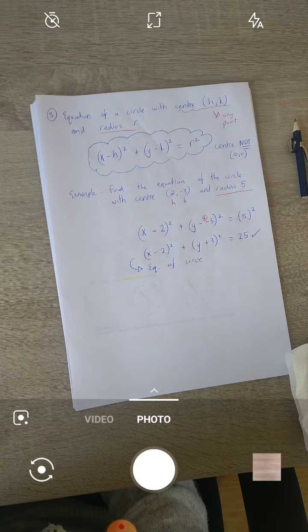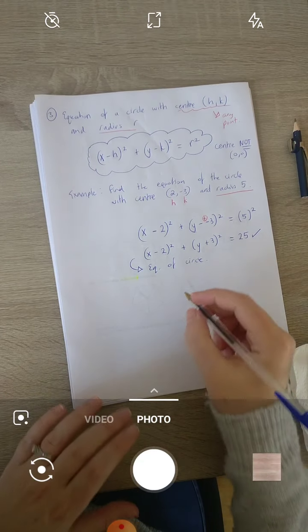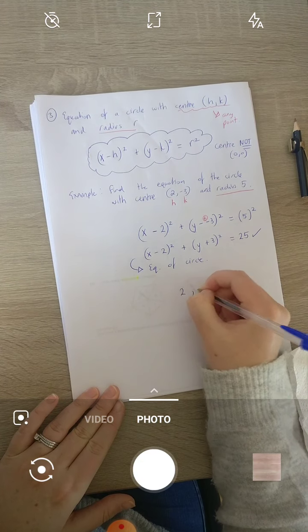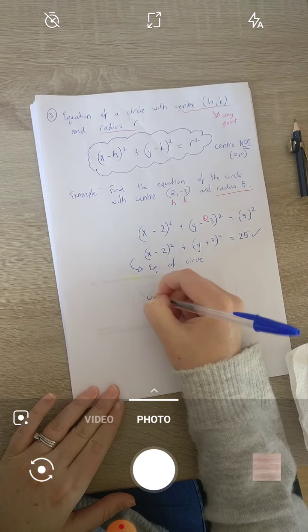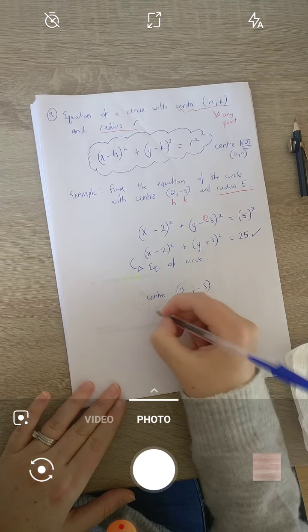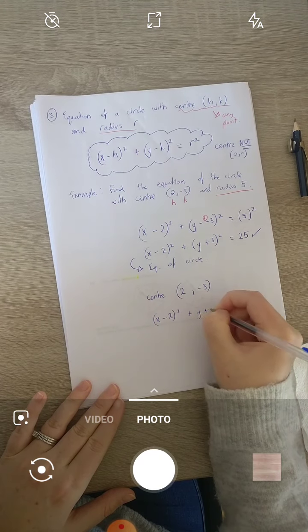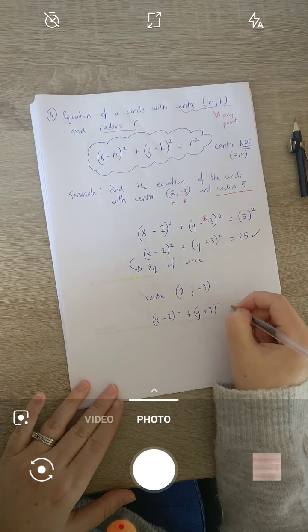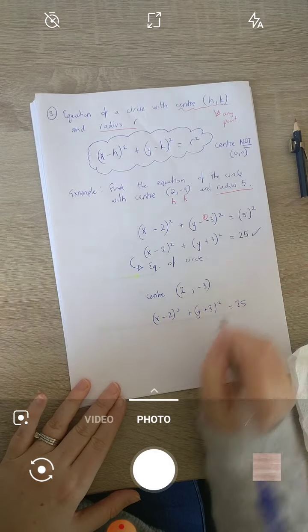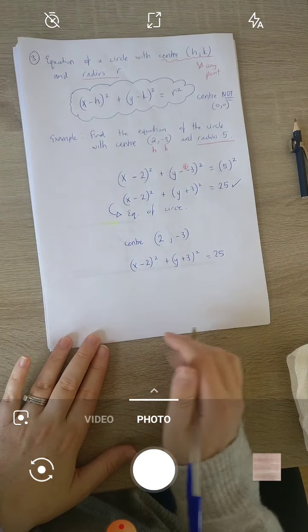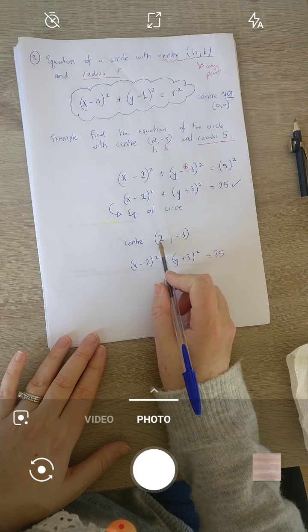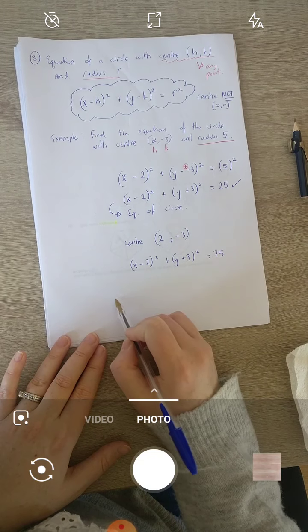And just an observation here: if you look at the center being 2, minus 3, and then you look at the equation, you've x minus 2 to be squared plus y plus 3 to be squared equals 25. You just need to notice at this point that the signs are the opposite.